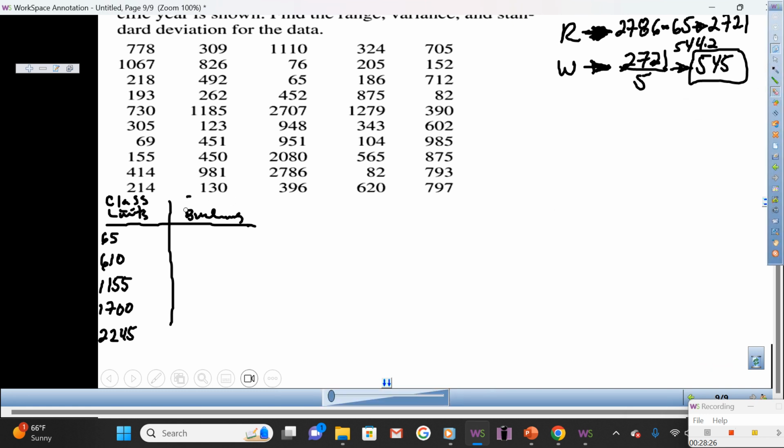Let me move this over. So, 65, that's the lower limit. What's the upper limit?